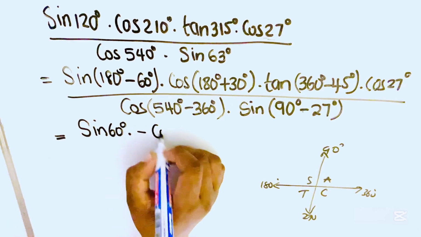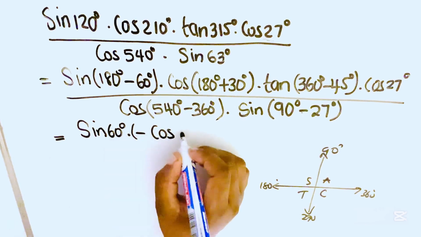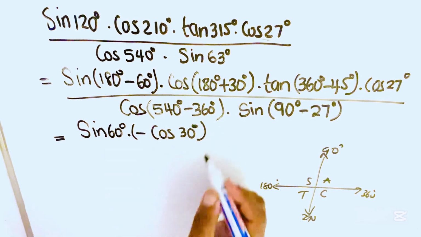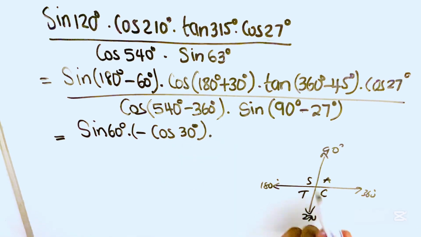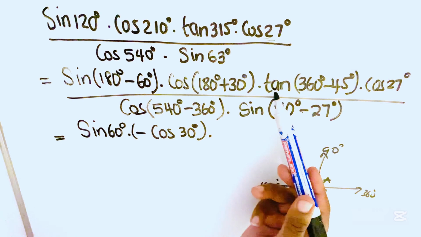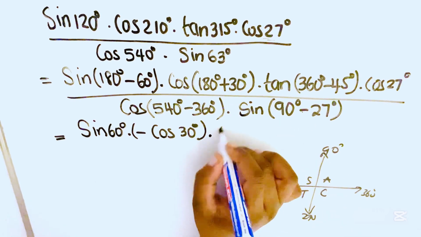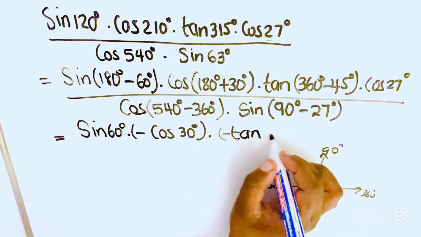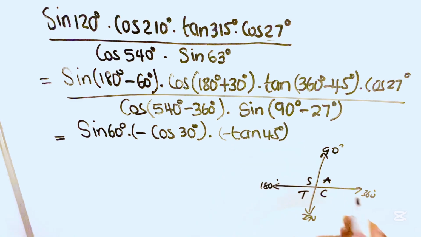So it's negative cos of 30 degrees. Multiplied by 360 minus, in the fourth quadrant, and tan is negative. So it's negative tan 45 degrees.